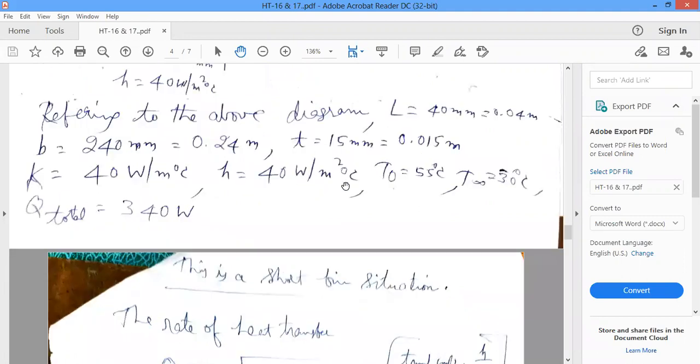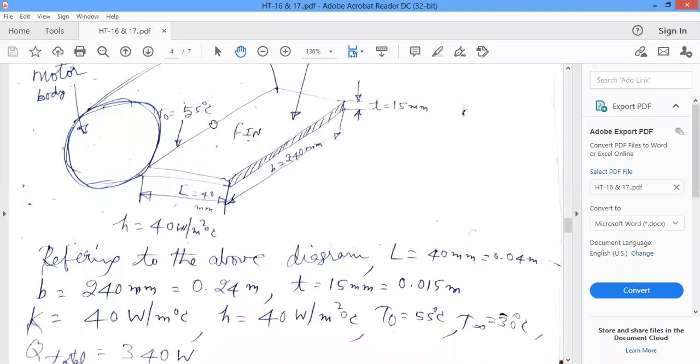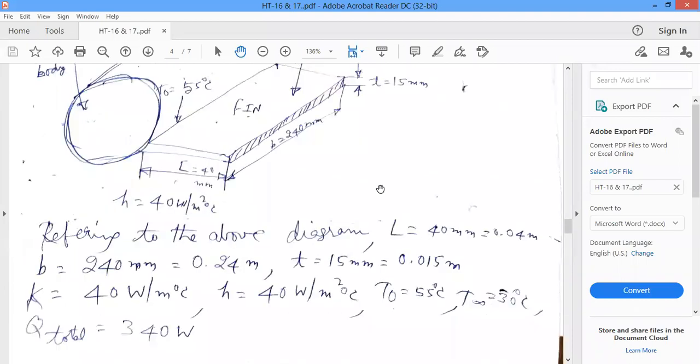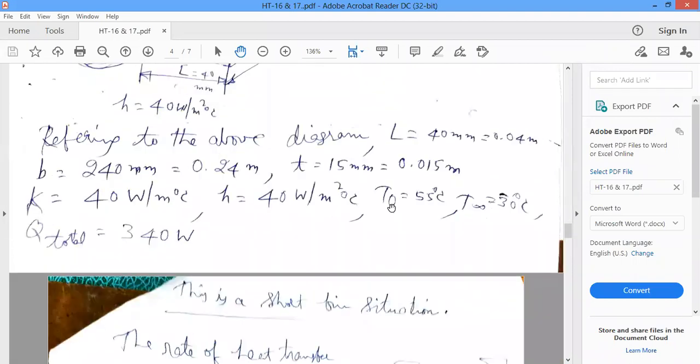So temperature at X equal to 0, that is T naught, because on the surface of the motor body the temperature is 55 degrees centigrade. So at the base of the fin the temperature is the same, 55 degrees centigrade.